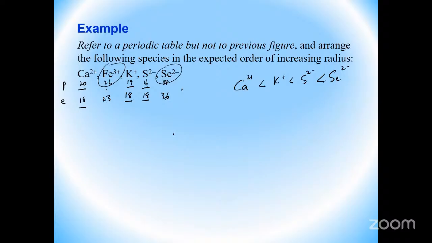Well, Fe3+ is in the same period as calcium, right? So going across that particular period, Fe would be smaller in size compared to calcium because Fe is to the right of calcium. So I'm going to put Fe3+ right here. And that's basically the sequence in terms of increasing radius of these species.